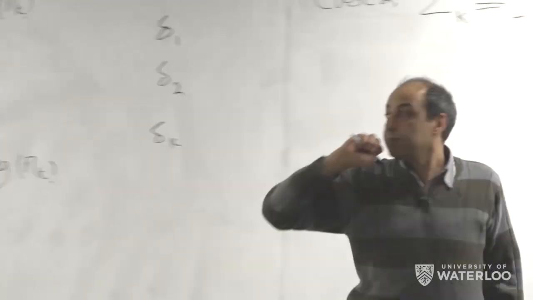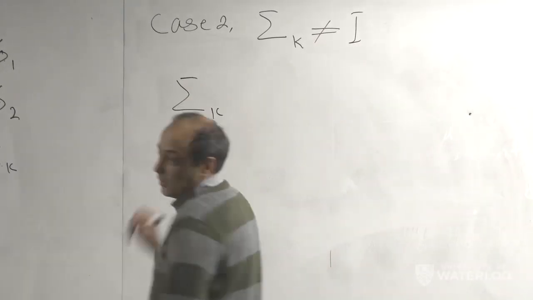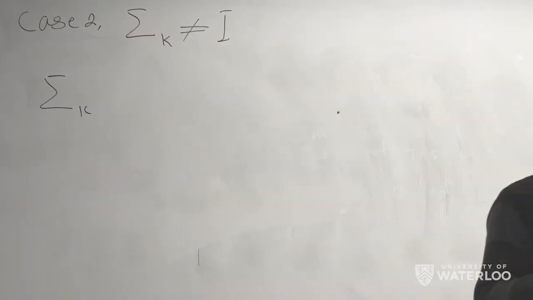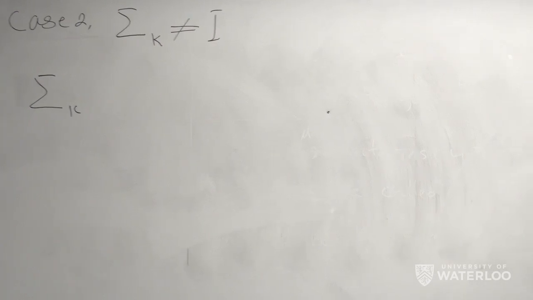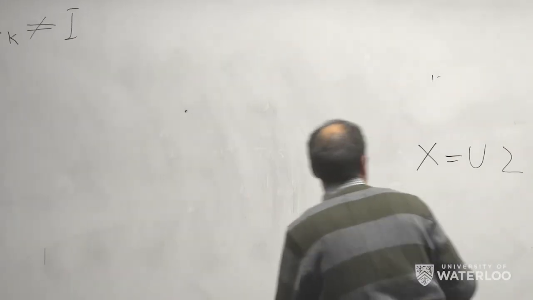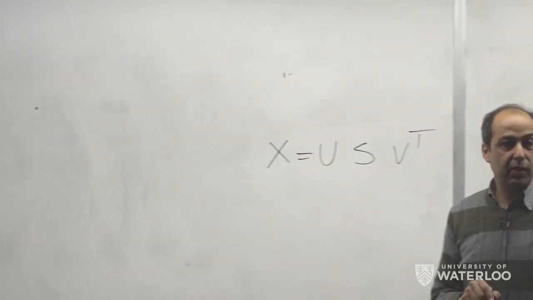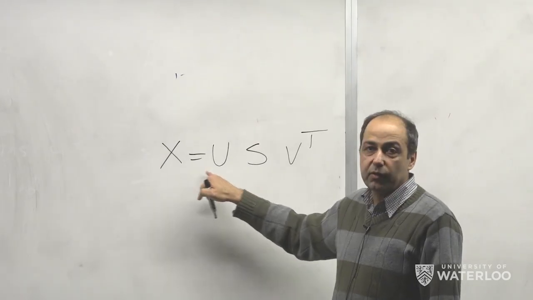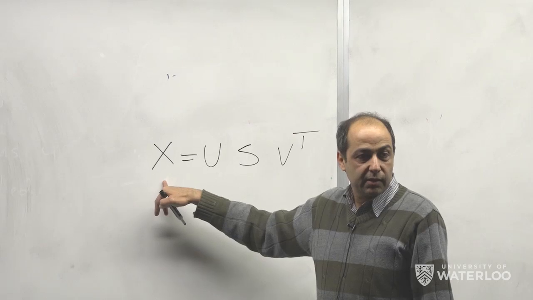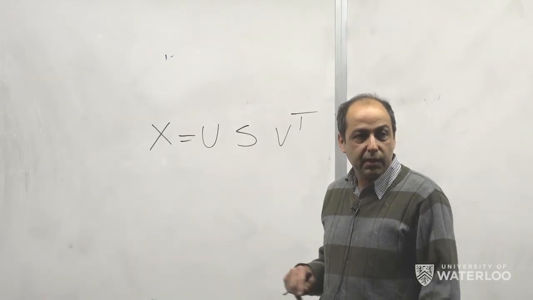But how? This sigma, first of all, any matrix can be decomposed using singular value decomposition, right? Like for any matrix X, you can write U S V transpose, the singular value decomposition, where U is the eigenvectors of X X transpose, V is the eigenvectors of X transpose X. And these are singular values, a diagonal matrix, right?